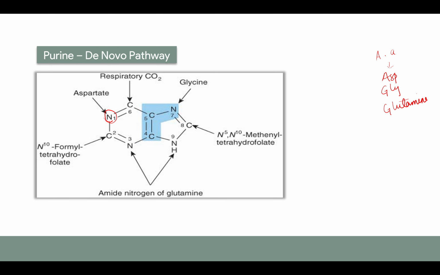The one other than aspartate, glycine and glutamine will be the answer. Tetrahydrofolate, N5,N10 methenyl and N10 formyl tetrahydrofolate, is involved in the purine molecule, and the other source is respiratory carbon dioxide. So the purine molecule is made up of amino acids, tetrahydrofolate and carbon dioxide.